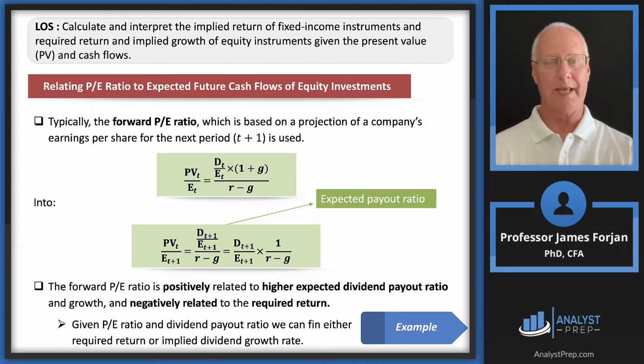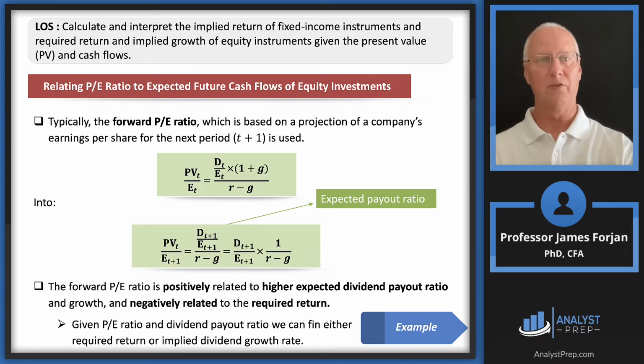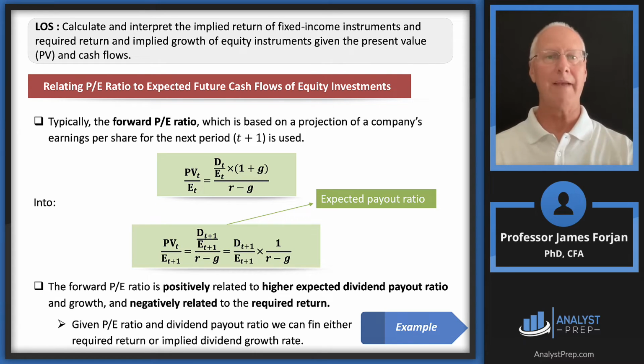Now, we can look at the current PE ratio based on current dividends and current prices. But it's even more appropriate as a good analyst to look at a forward PE ratio. So notice that first bullet point up there, which is based on a projection of the company's earnings per share. What are we doing as good financial analysts?